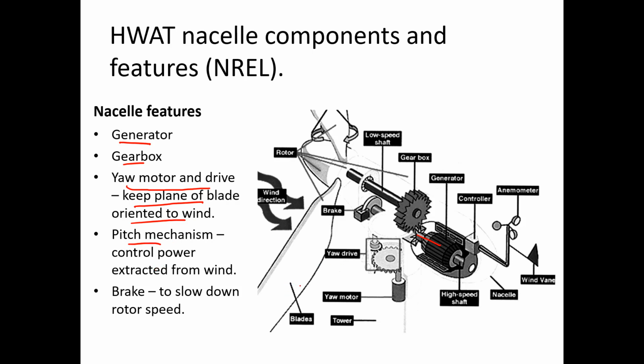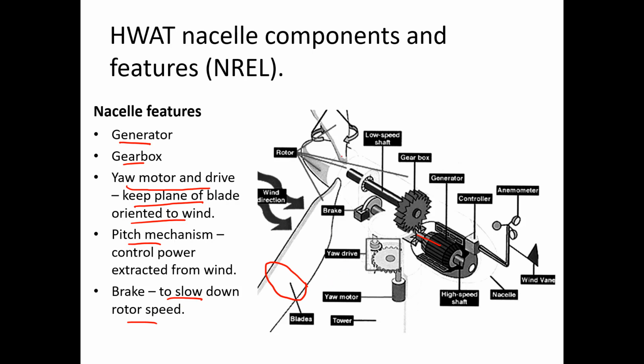It's a pitch mechanism that basically orients the angle of attack of the turbine blades as the wind speed changes, to either slow down the wind turbine a little bit if the winds are going too fast, or to increase it. And then you have a brake, which is a safety precaution to slow down the rotor speed entirely if need be.